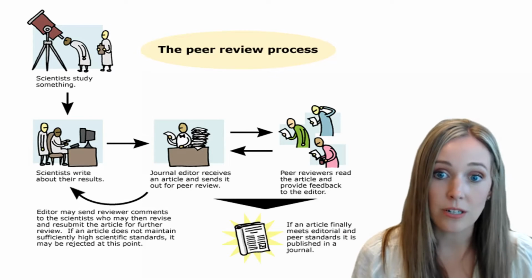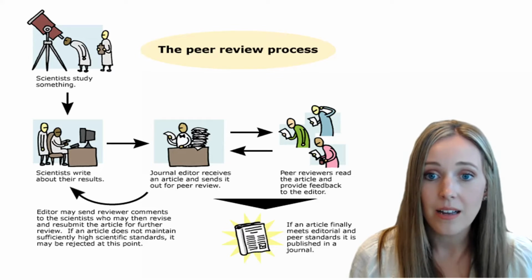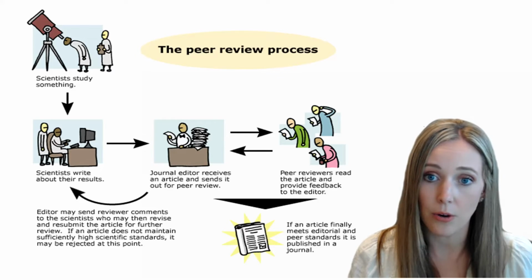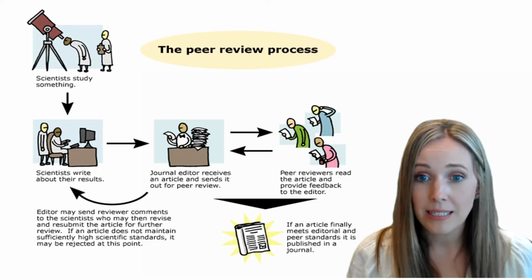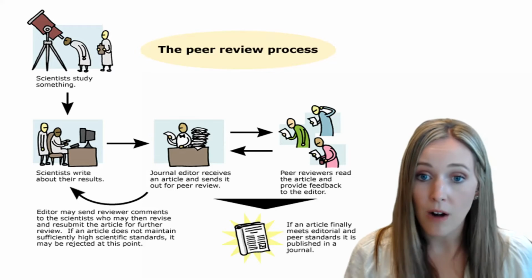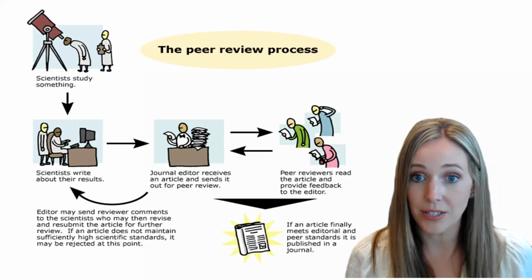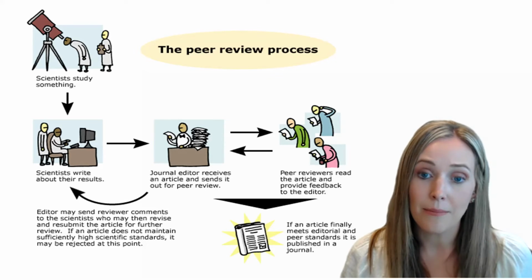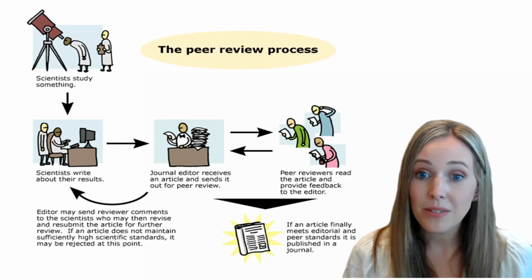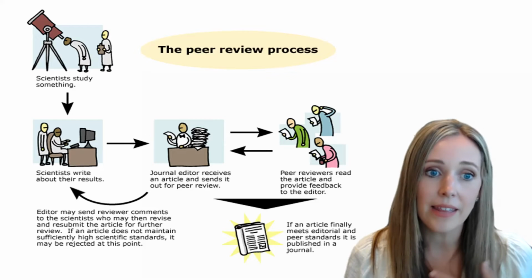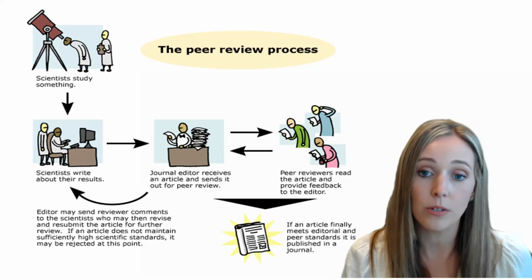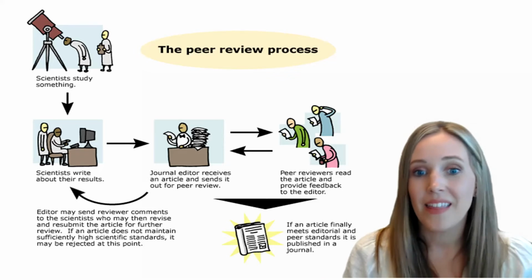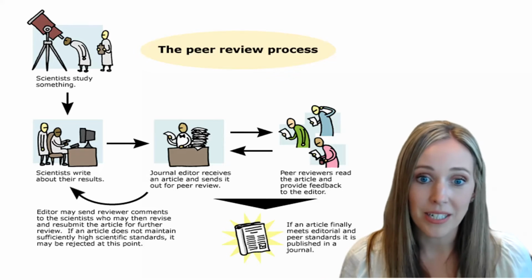They submit it to a journal who then sends it on to the peer review team, and it's a formal process that they go through, and they review the findings and the process that the authors went through to come to their conclusions, and they check for accuracy and reliability. Sometimes they will send it back with feedback, and then the scientists and authors will review that and make changes and resubmit it, and then the article will finally get published.